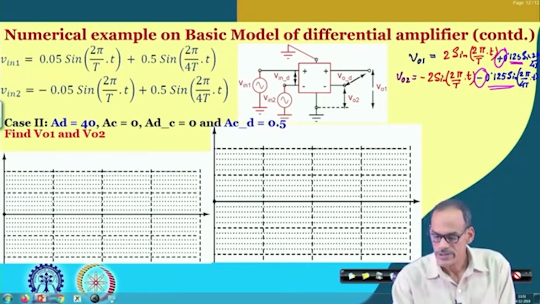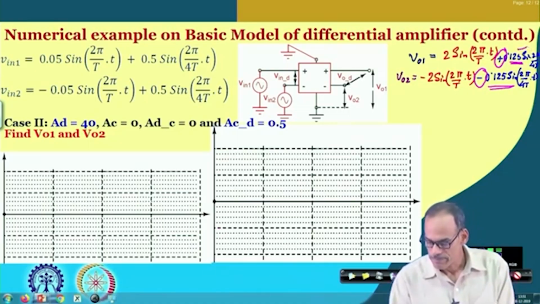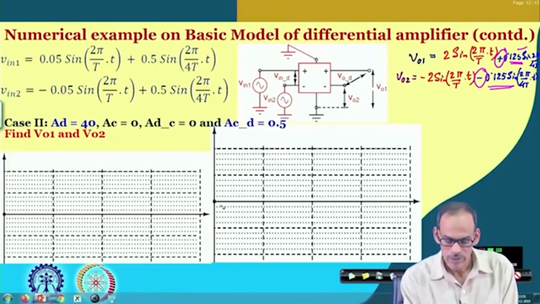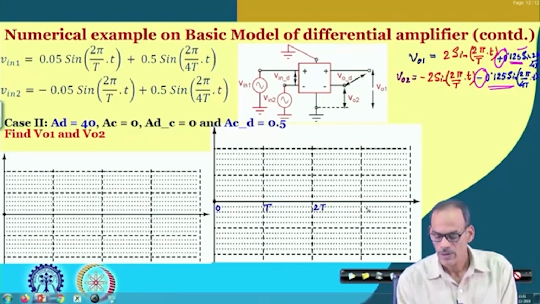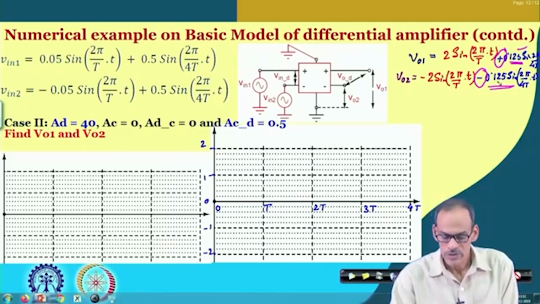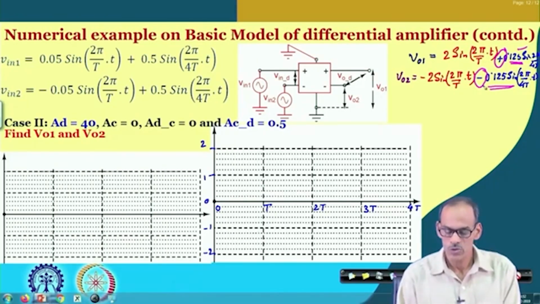If you sketch the signal here, first of all let me sketch the unwanted part, which is having a time period of 4 T. So, we consider the time scale as 0, T, 2T, 3T and 4T. On the voltage scale, let us consider 2, 1 and 0, -1, -2, and its amplitude, as I said, is 0.125.